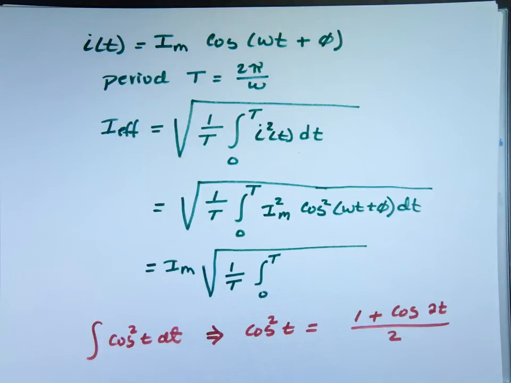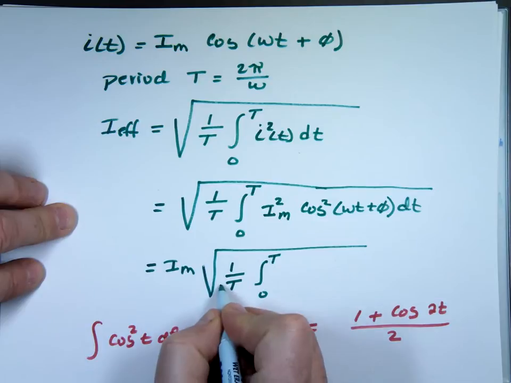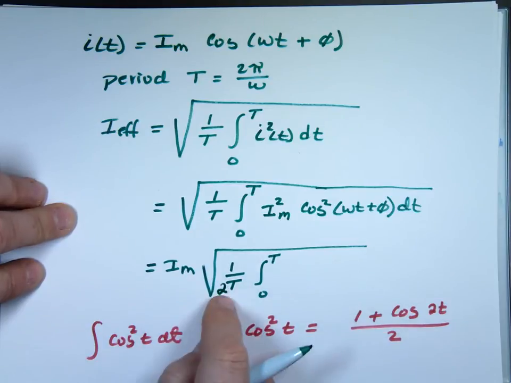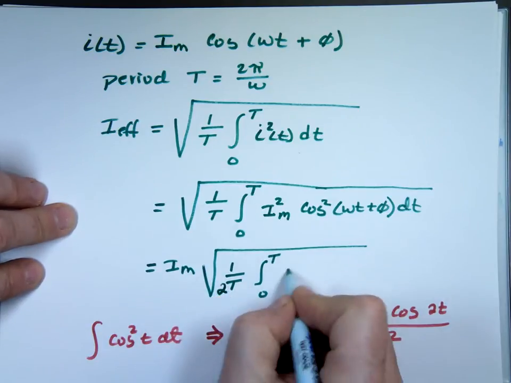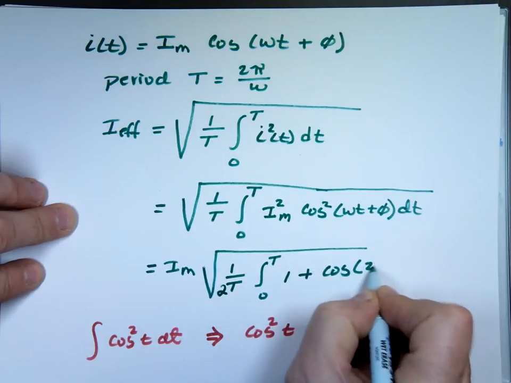So if I plug that back into this one, I can take the 2 in the front, put it right here in the front. 1 plus cosine twice that number.